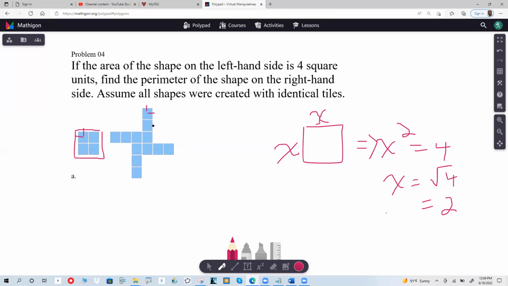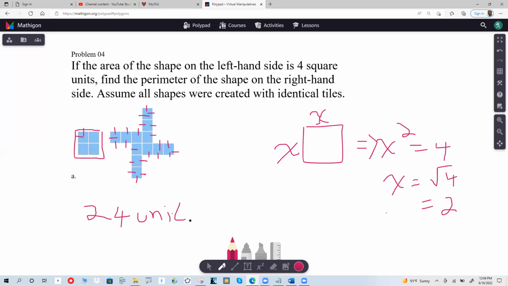1, 2, 3, 4, 5, 6, 7, 8, 9, 10, 11, 12, 13, 14, 15, 16, 17, 18, 19, 20, 21, 22, 23, 24. I'm going to write 24 here, units. That's my answer.